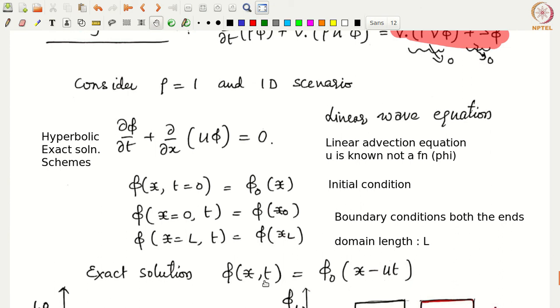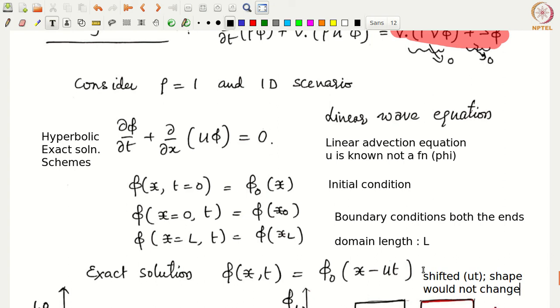Whatever the initial condition phi naught of x is, it basically gets shifted by u times t, and the shape of the initial profile would not change, right? That is preserved.